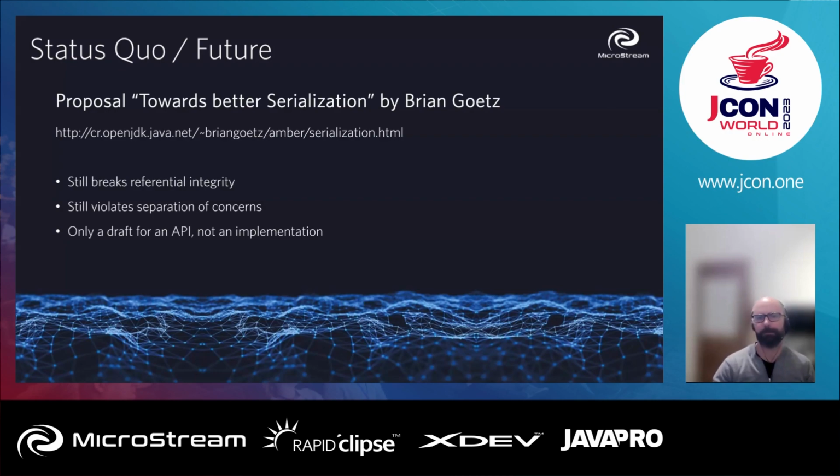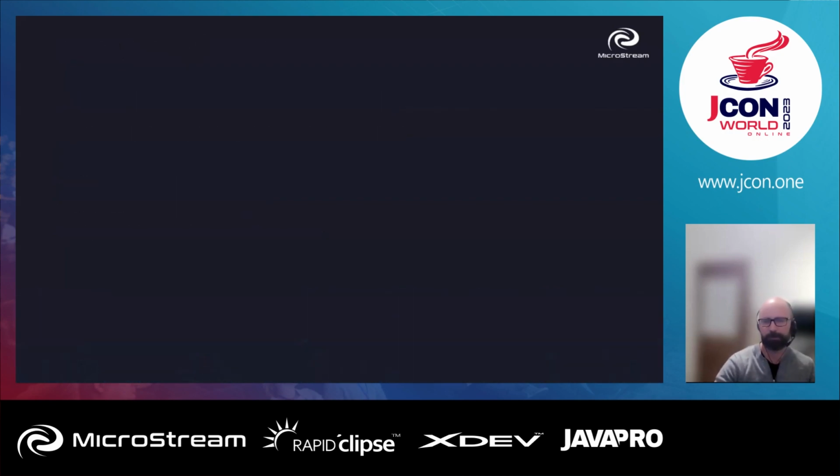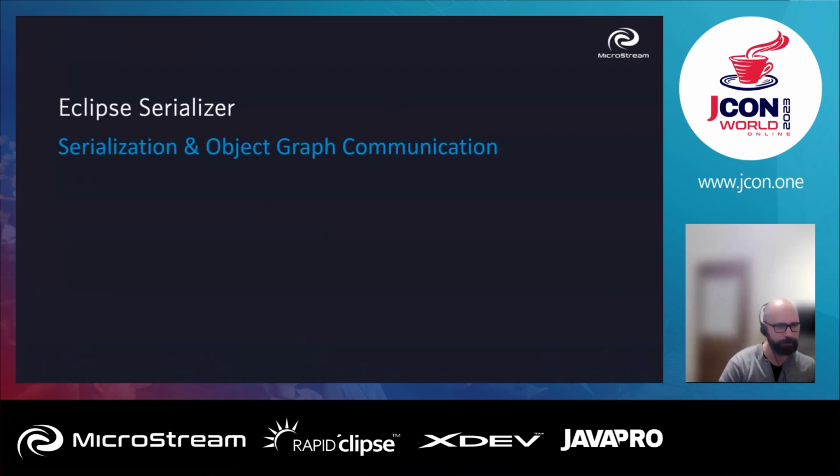And that's where the Eclipse Serializer project had its origins. It's basically the base for the storage engine itself. Because there are a lot of uses for serializers out there, we decided to split the project into two parts: the Eclipse Serializer for standalone use and the Eclipse Store built on top.